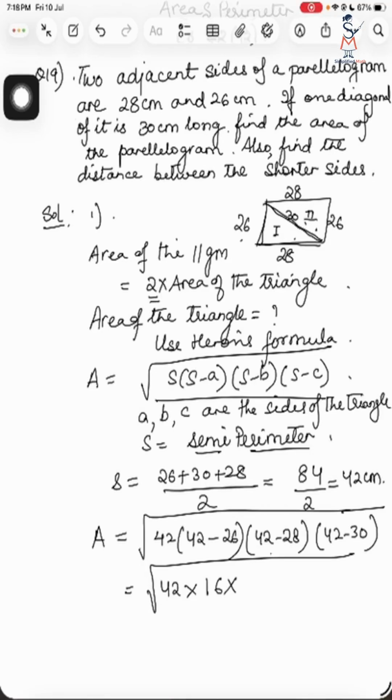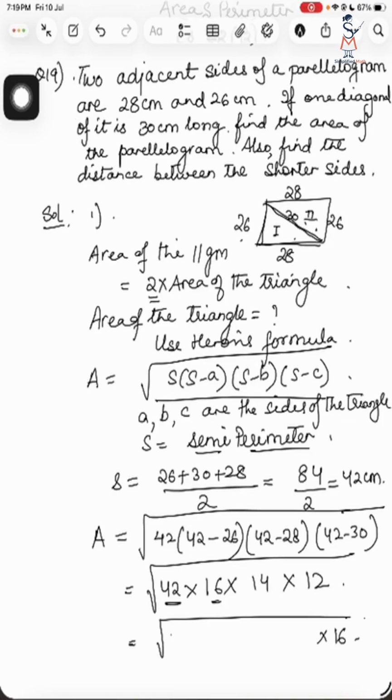Same way 42 minus 28, 2 less, so 14, and 42 minus 30, 12. Now we need to find the square root. No need to multiply. Put them in basic factors. The square root of 16 is 4, so we will just leave it.